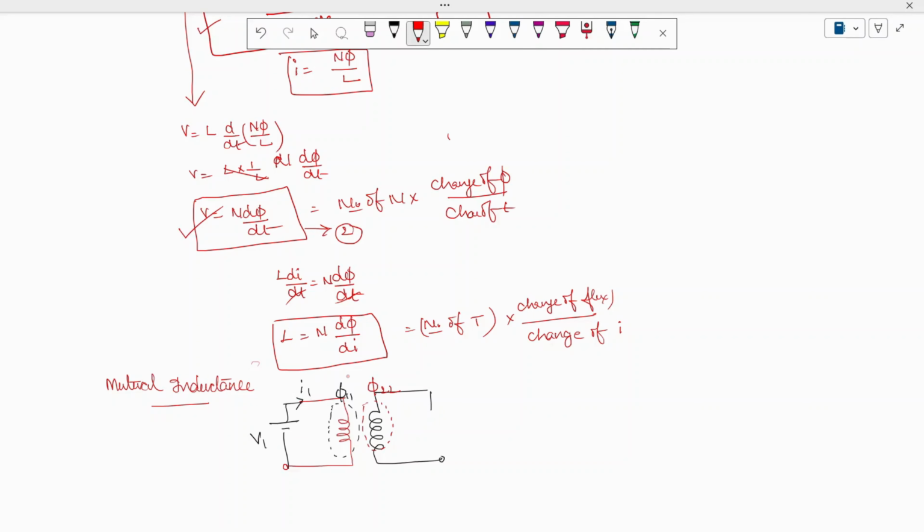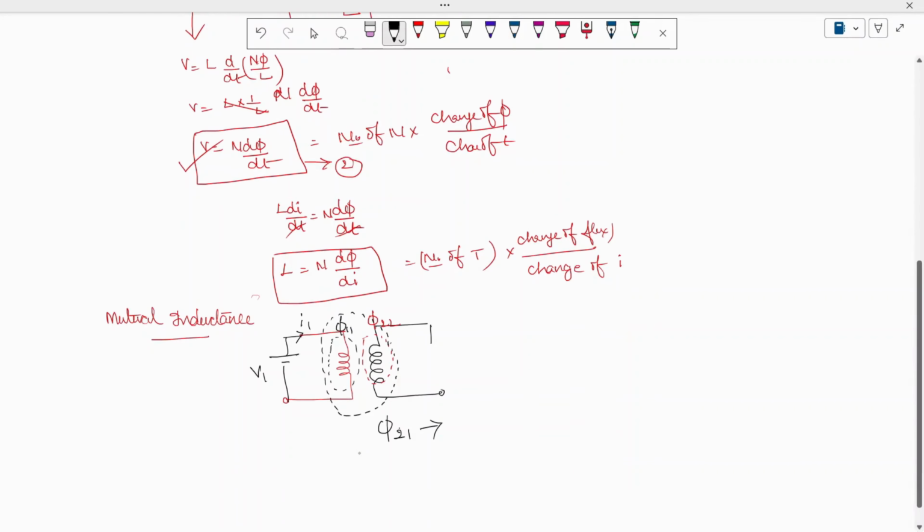The flux linking the second coil to the first coil, the flux which is traveling from the second coil to the first coil, is called phi 12. So what is phi 21? What does this mean? The flux of coil 2 linking coil 1.